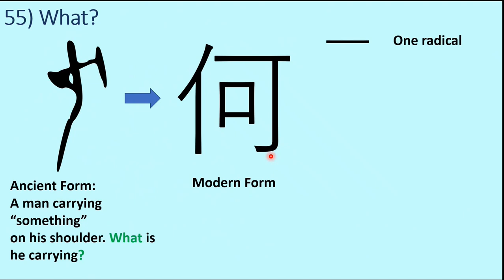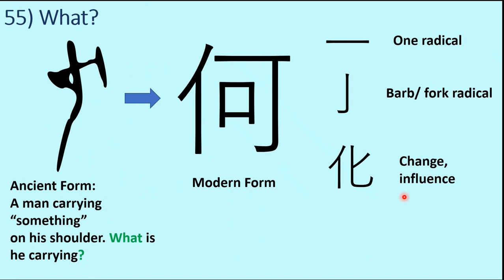Now talking about the parts of this character, we have the one radical out here. We have the barb or fork radical here, like this. We have the change or influence radical here. This is part of that. And we have the mouth radical here. So you might think that all these do not make any sense for what we are trying to achieve, that is, what.